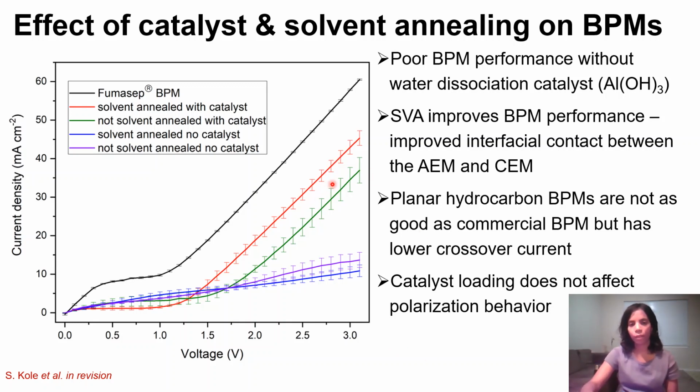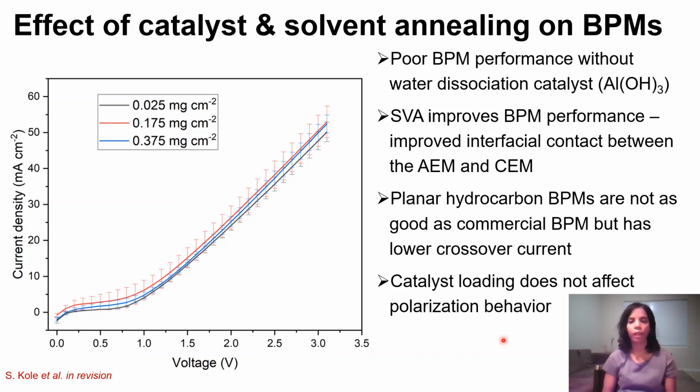The bipolar membranes made by me have slightly lower current density, but they also have lower values of crossover current with respect to the Fumasep bipolar membrane, which is a commercial membrane that I've used to compare the results of my BPMs.